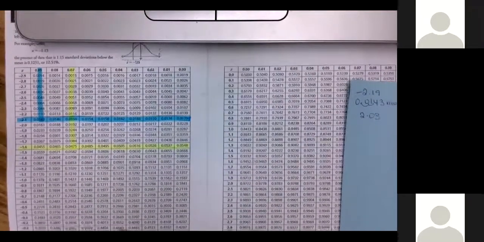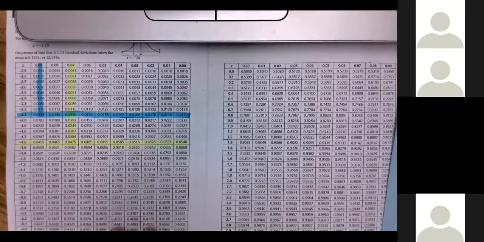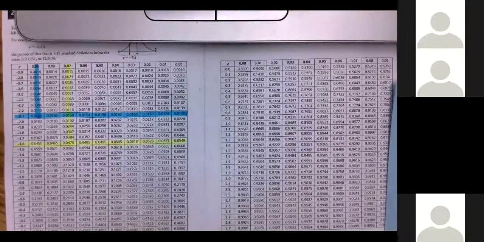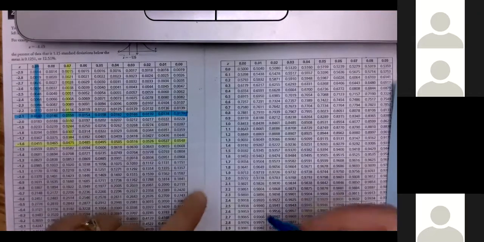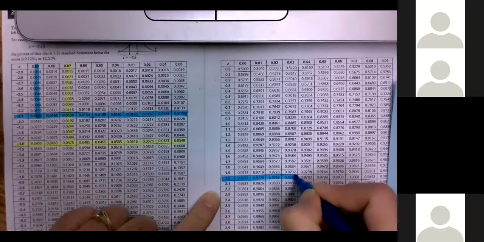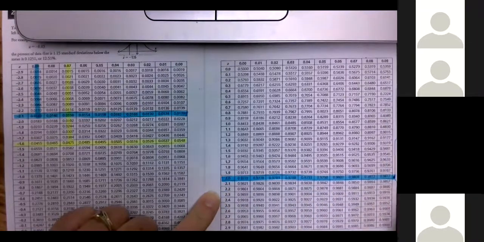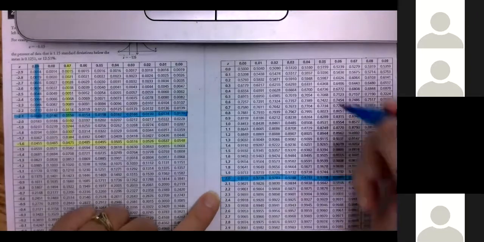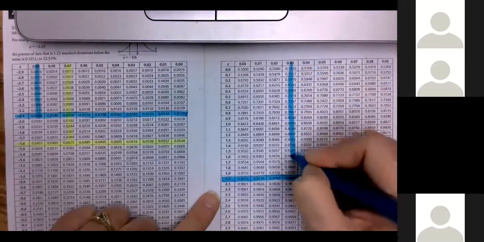2.03. Talk me through it. Yep. So you have to go find the positive two on the positive side of the numbers. Look for 2. So I'm going to go across at the 2.0, and then it's 0.3. So then you have to look for 3.